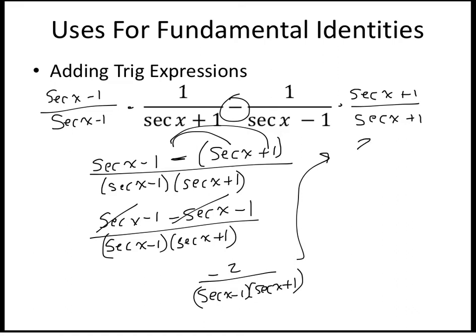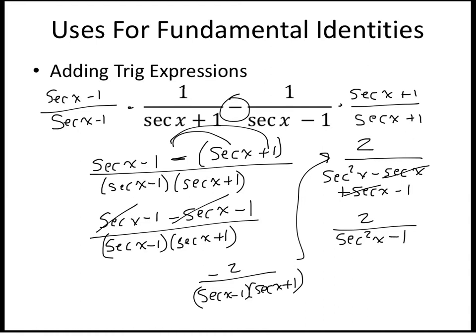We'll have 2 over secant squared x minus secant x plus secant x minus 1. These will cancel out, and I'm left with 2 over secant squared x minus 1. Well, I know from my trig identity that 1 plus tangent squared equals secant squared. So secant squared minus 1 equals tangent squared, so I'm left with 2 over tangent squared x.